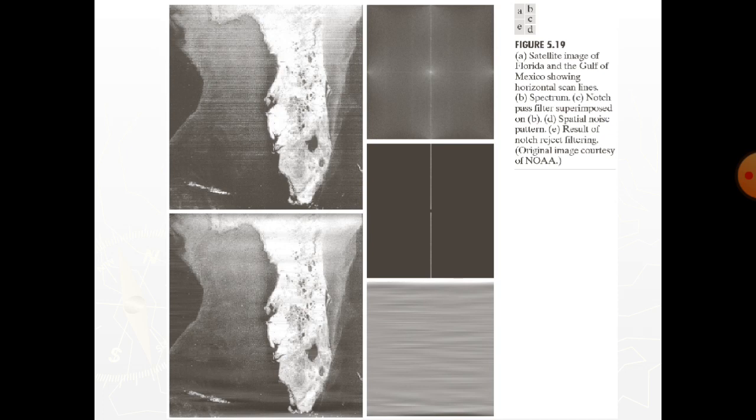The noise is not dominant enough to have a clear pattern along this axis, as is evident from the spectrum shown in figure B. We can get an idea of what the noise contribution looks like by constructing a simple ideal notch pass filter along the vertical axis of the Fourier transform, as we can see in figure C. Looking at the result of processing the image with the notch filter, this image contains significantly fewer visible noise scans than image A.